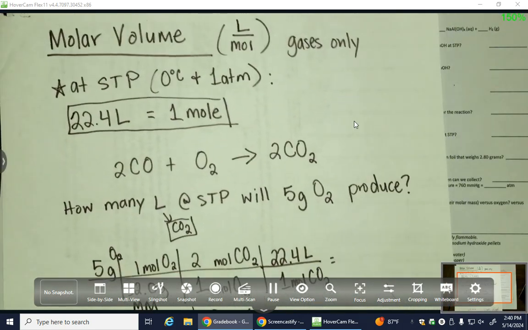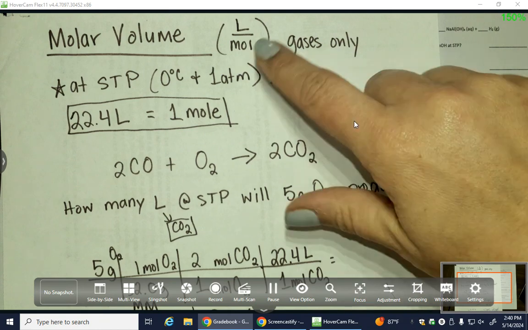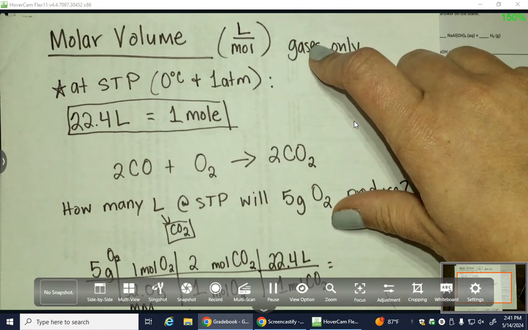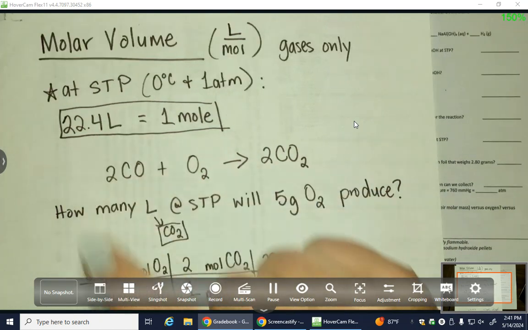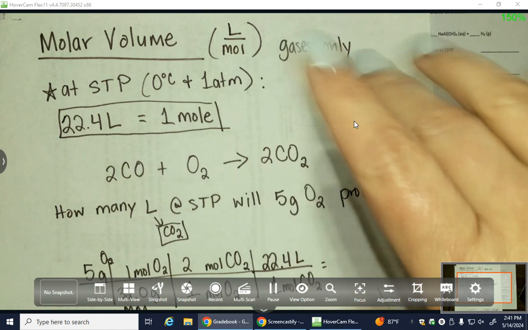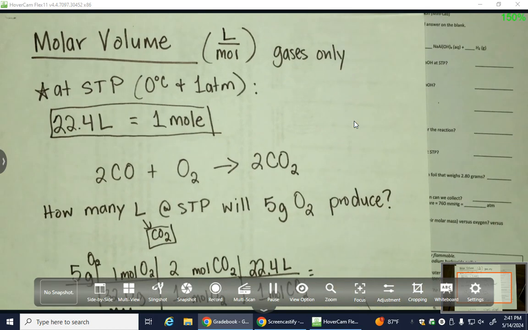So molar volume, what we said on Friday was that it is liters per mole. This is only for gases, and it's specifically you have to be at standard temperature pressure, STP. If you are not at that, then you have to use the ideal gas law in order to calculate whatever volume it is, and things like that.